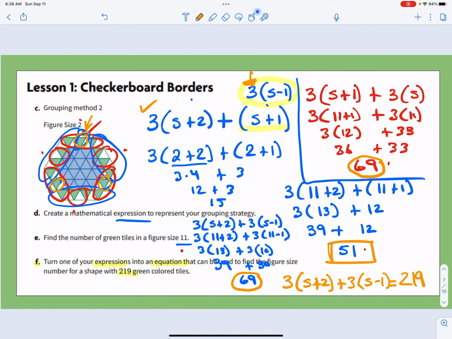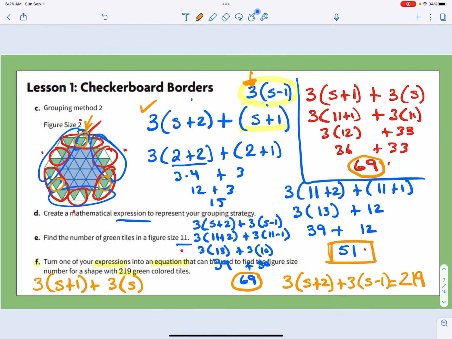Are there other possibilities, other ways to group this? There absolutely are other ways of grouping this. You totally could group it in some other ways, and that's okay. Another solution that I saw in kind of getting ready for this was 3 times the size plus 1 plus 3 times the size.